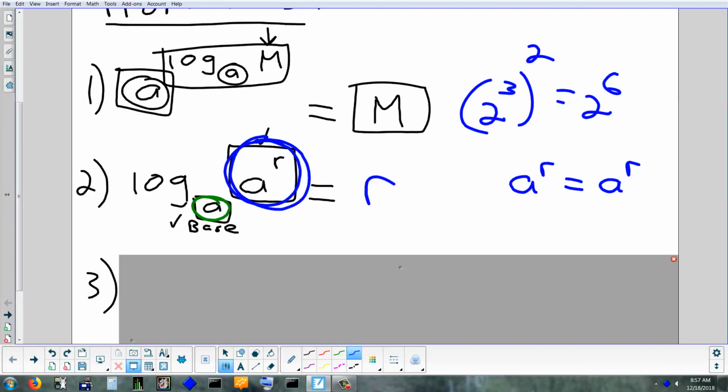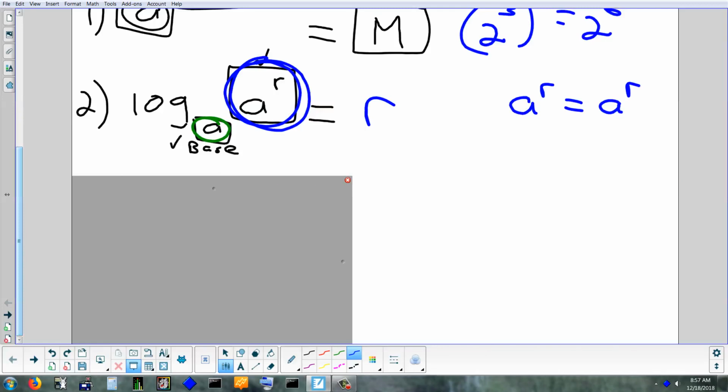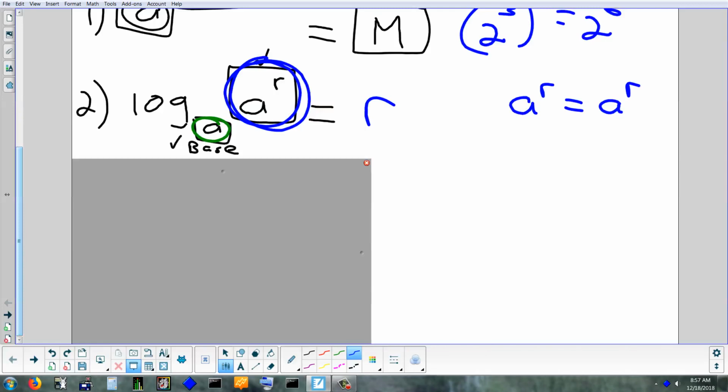In fact, that's how I'll do the next one. I usually give the property, but let's start out with something we know is true, and we'll figure out what the property is. I just have to remember what the property is. So I'm going to try to use the same letters. We'll see what happens.